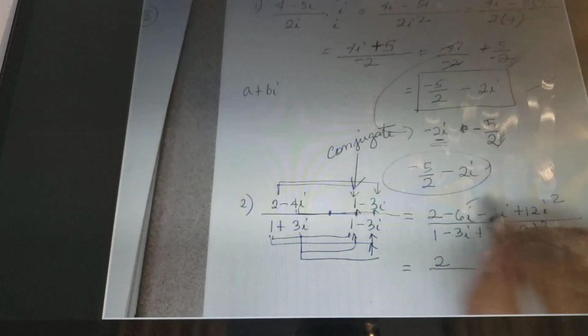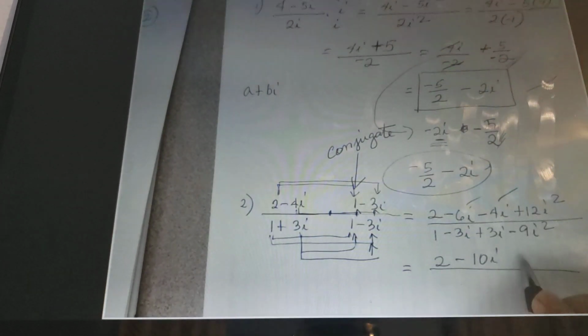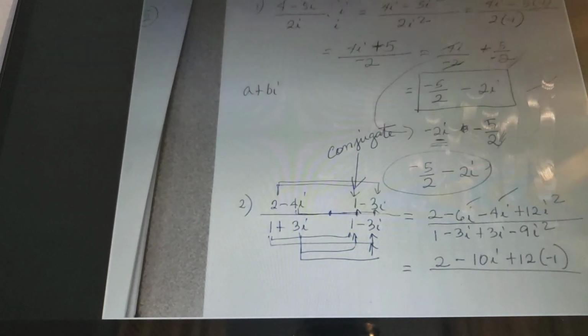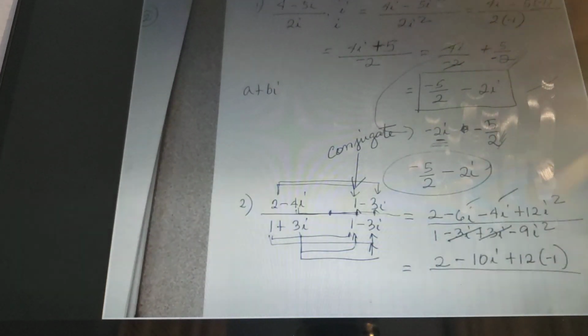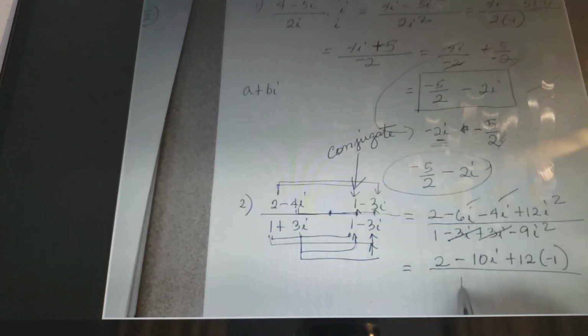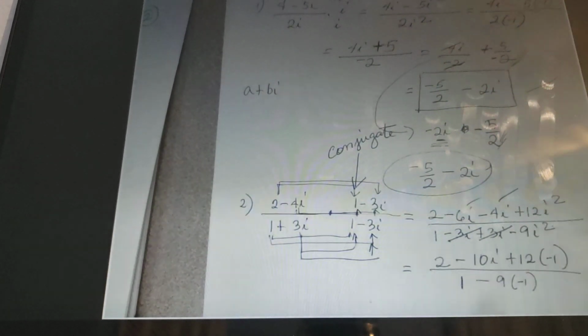So if we combine this, minus 10i plus 12i squared, where i squared is negative 1. And then we cancel this, negative and positive. Then 1 minus 9i squared.